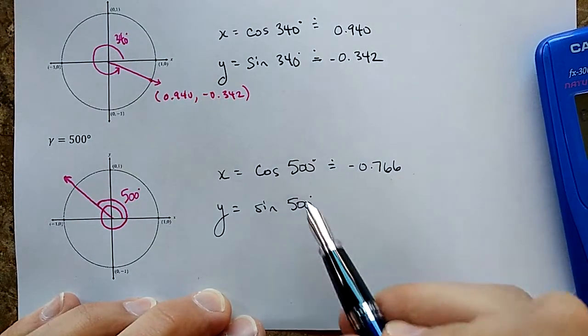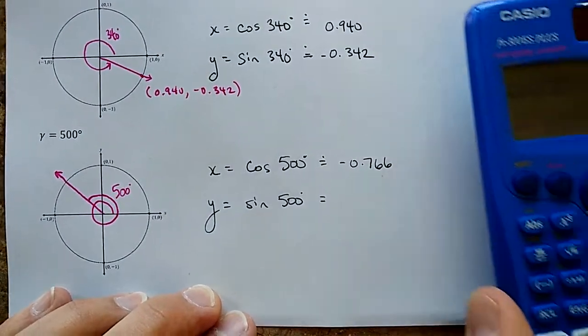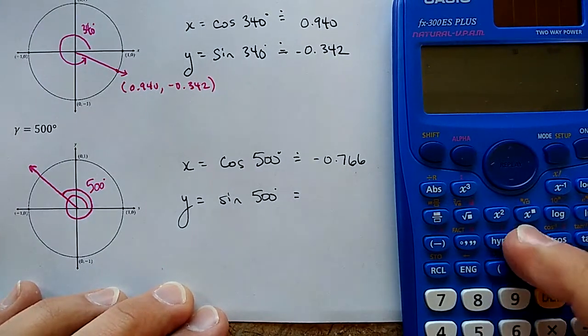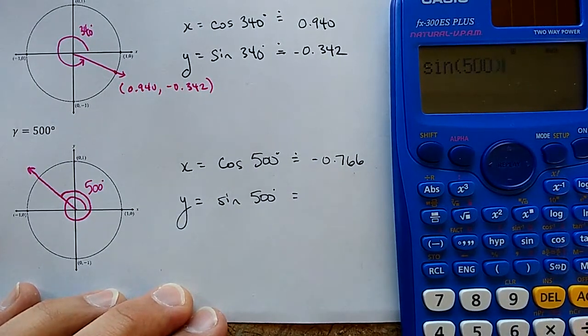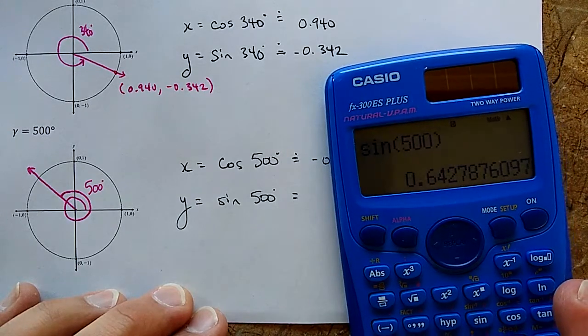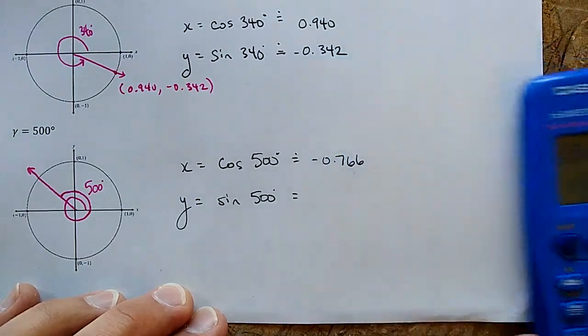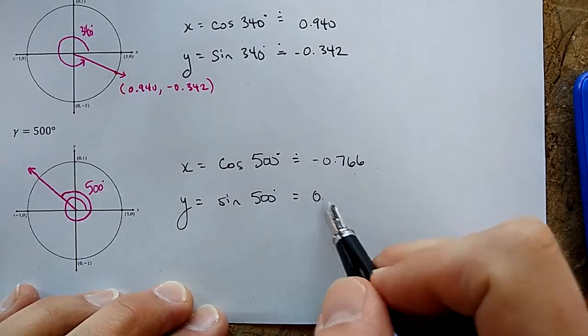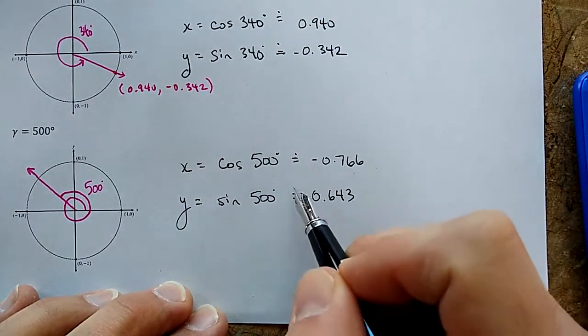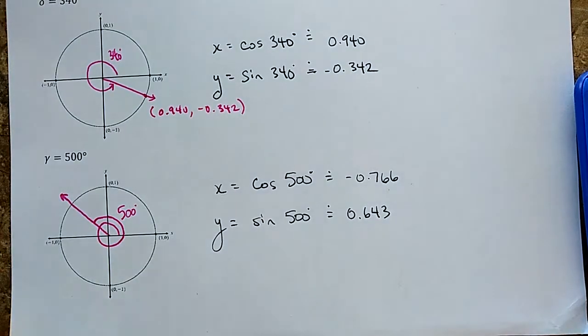And I was expecting a negative x value, so that's good. And the sine I expect to be positive since that's our y value. 0.643. Okay, let's write those down.